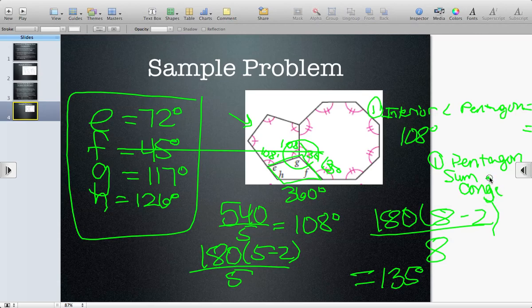Actually, not even the pentagon sum conjecture, that was the interior angle conjecture. That was the whole point of 5.2. And then, number 2, angle E equaling 72 degrees is because it's a linear pair. So you have those 2 reasons. So step by step, do that for all 4 of the angles, and you have proven why your angle is the way it is.